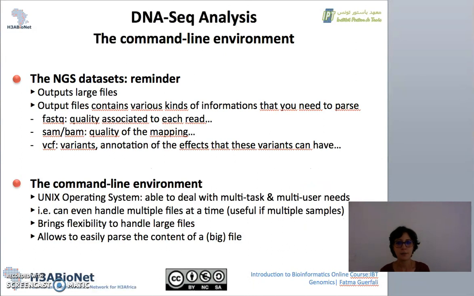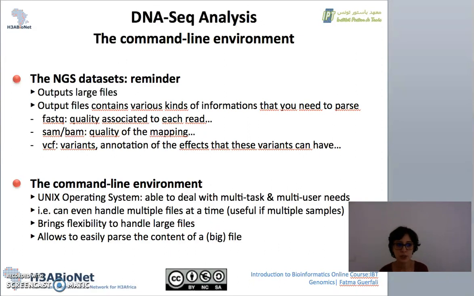So, remember that the idea of using the command line interface is just because you have too much data that is generated in a single file to be able to interrogate these files using classical tools such as Excel, for example. So, the output files are very large. These output files contain various kinds of information that you need to parse.